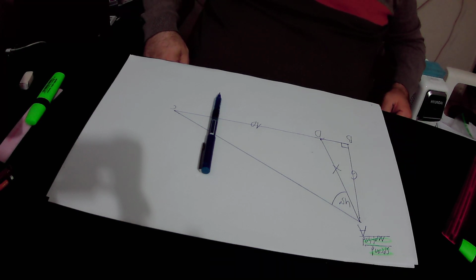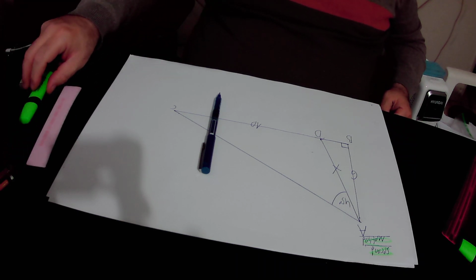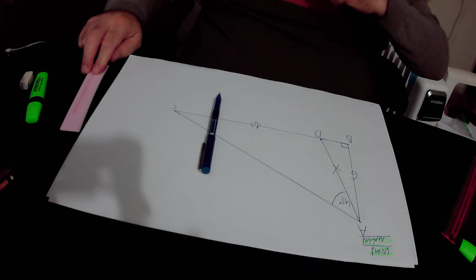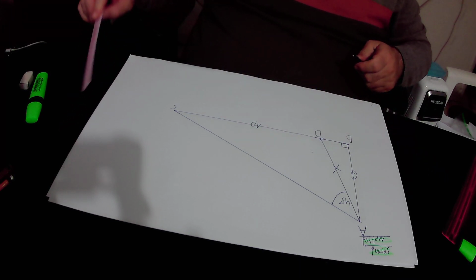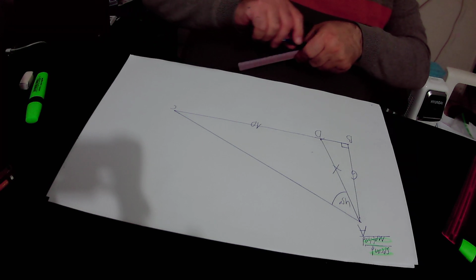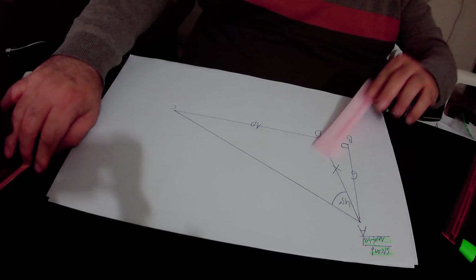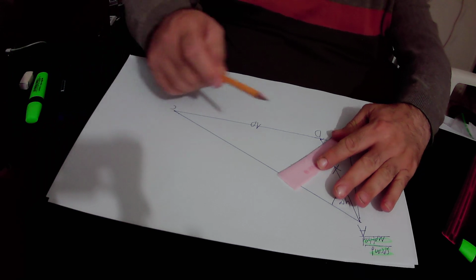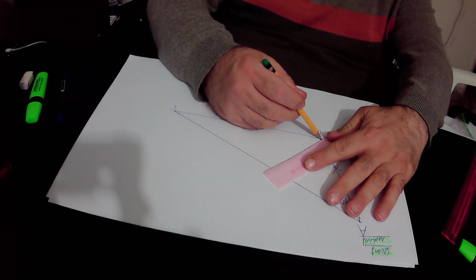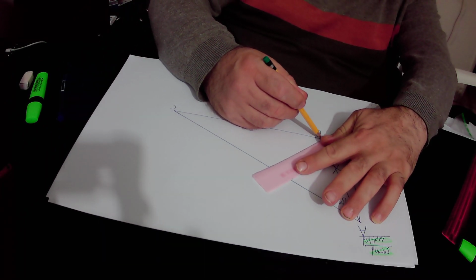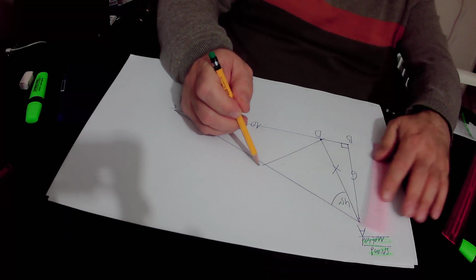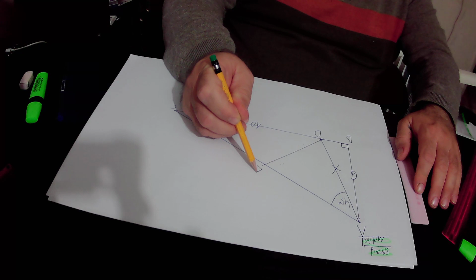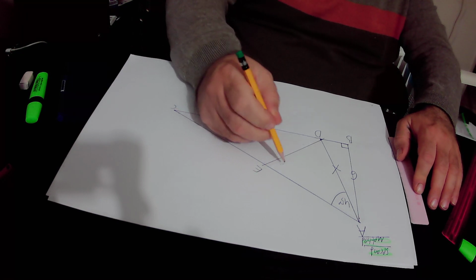So here we'll do a construction. From point D, we'll draw a straight line on AC in such a way that the angle that will be created here, this angle AED, will be equal to 45 degrees.